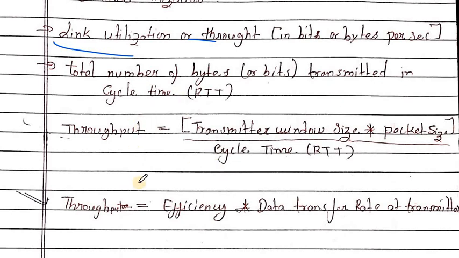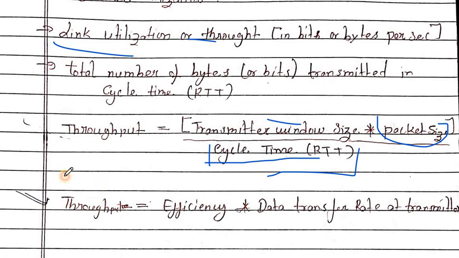The formula for throughput is this. Here the packet size into the window size gives the number of bits we have transferred, and how much time it took is the cycle time. So we get the bits transferred per unit time. What is bandwidth?